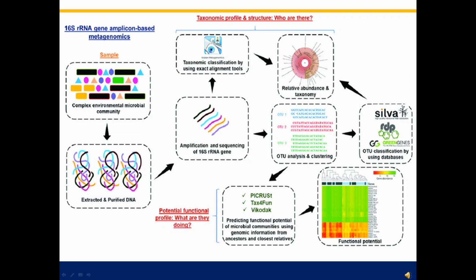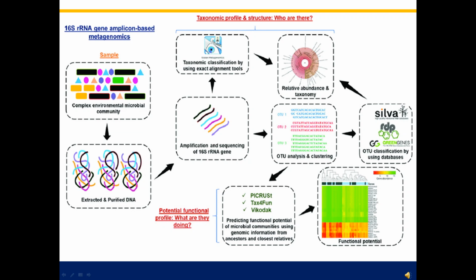This can be done with the QIIME2 pipeline, which we will discuss briefly, on how the pipeline works. Once we have OTU analysis and clustering, we can go for functional predictions, identifying the potential functions of the particular community and what they are actually doing.